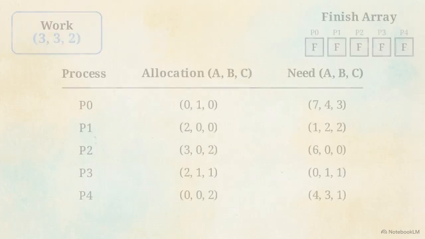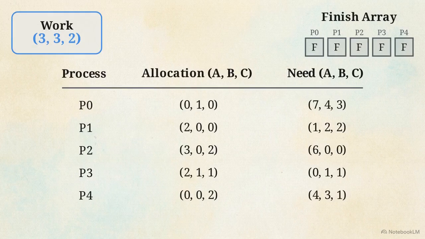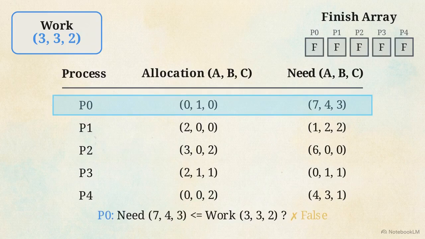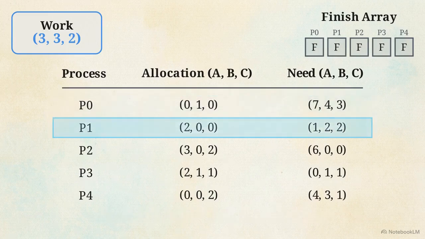We initialize the safety algorithm with 2 temporary simulation trackers, a work vector, currently set to 332, and a finish array, where all processes are initially marked false. We test process 0. Its need of 743 is greater than our work pool of 332. In this simulation, process 0 cannot proceed, so its finish state remains false.